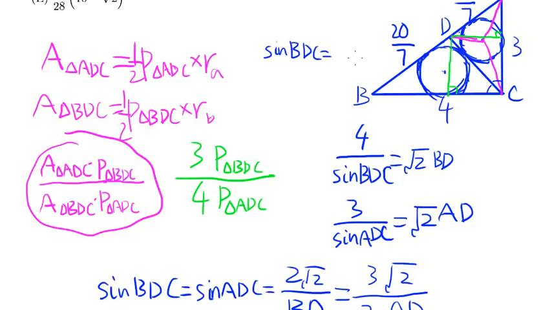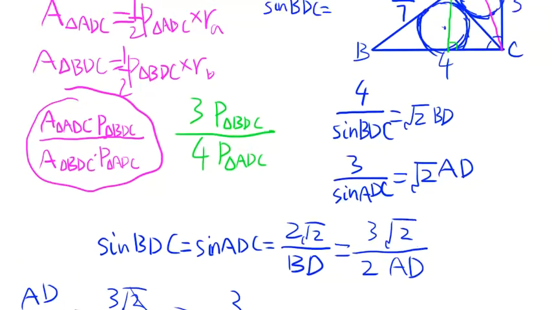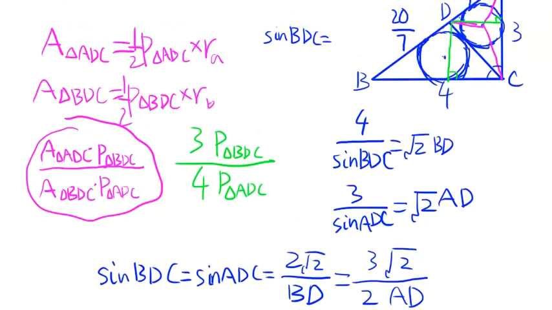Sine BDC is equal to, you plug in the BD, then you get 10, 7 root 2, right?